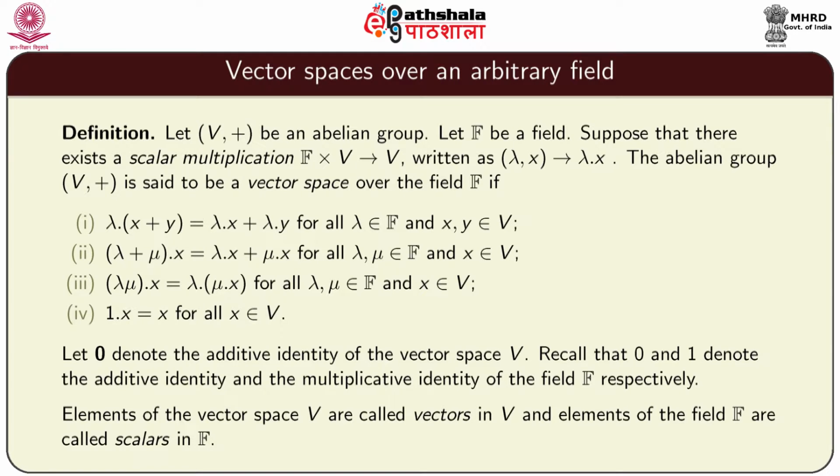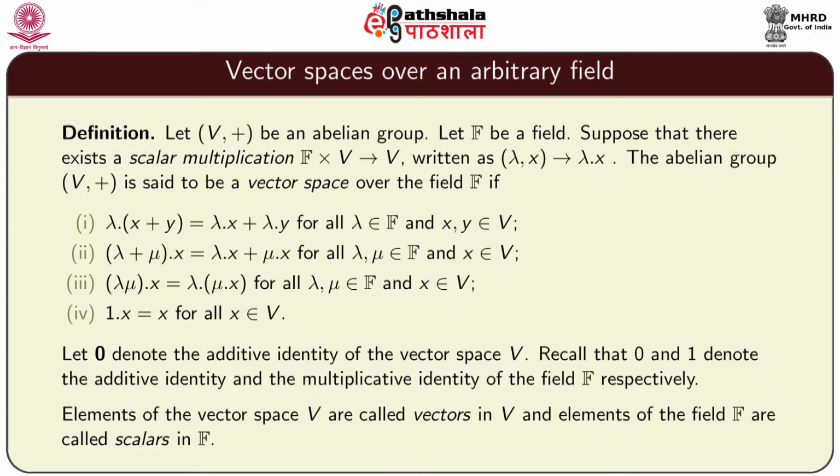Now, we are in a position to define a vector space formally. Let V be a non-empty set with a binary operation plus. Suppose that (V, plus) is an abelian group. Let F be a field.